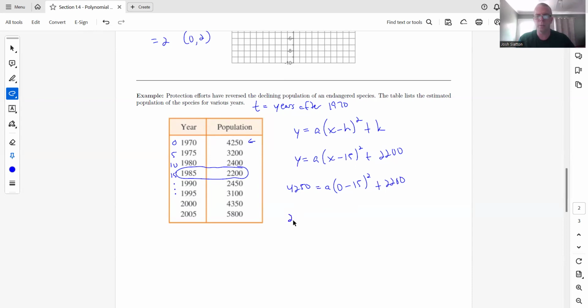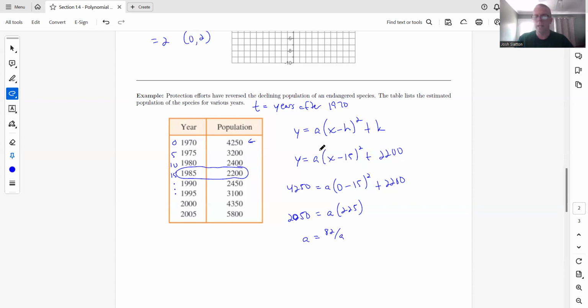We get 2050 equals a, and then -15 squared would be 225. And so a is 82/9.